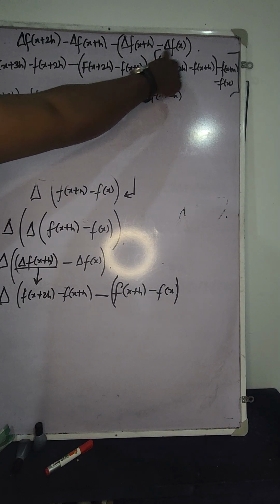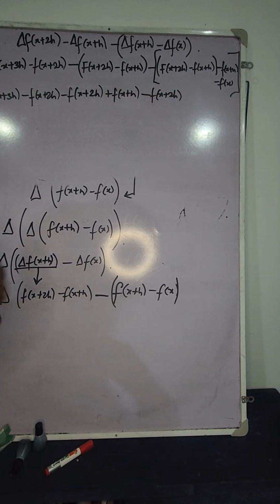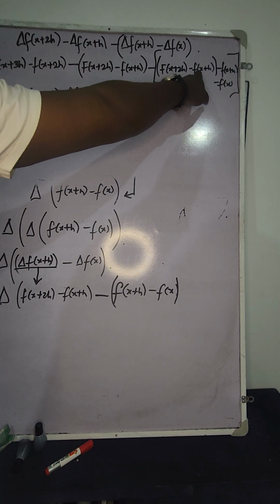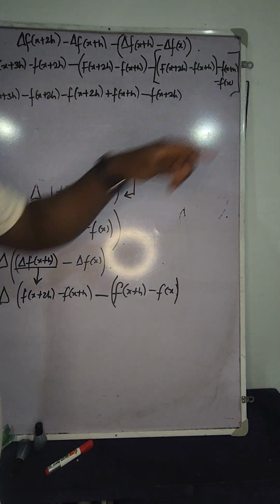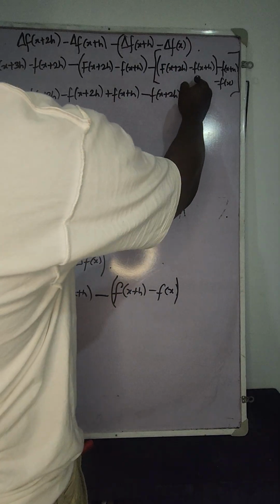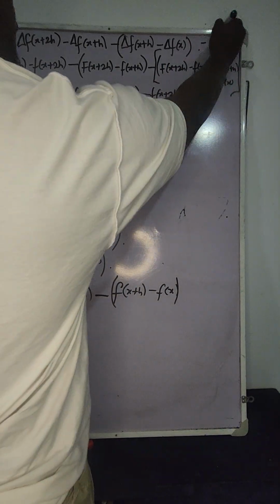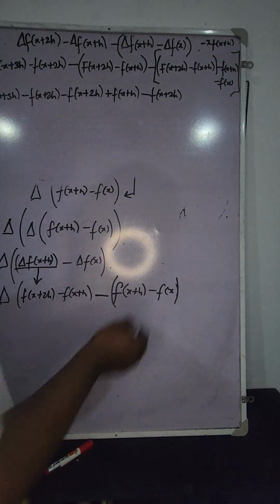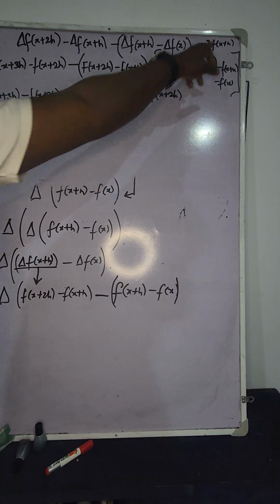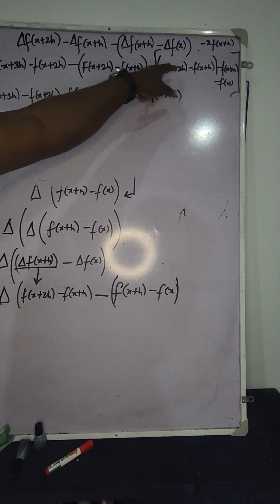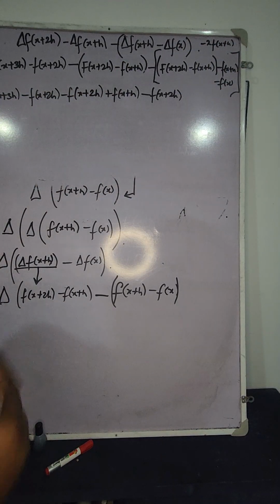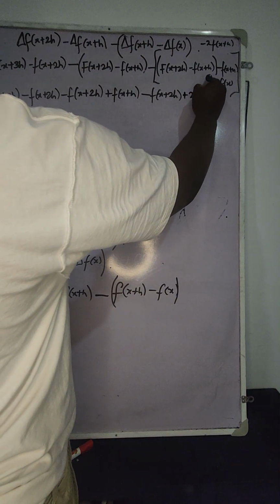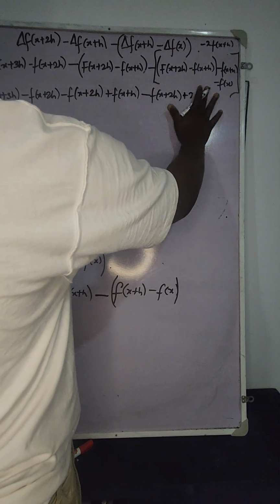Minus times minus is plus. But now you can do this here. You can say minus f of x plus h minus f of x. That's minus. This will be minus 2 f of x plus h, right? Minus 2 f of x plus h. So minus 2 f of x times minus is going to give you a plus 2 f of x. Sorry.